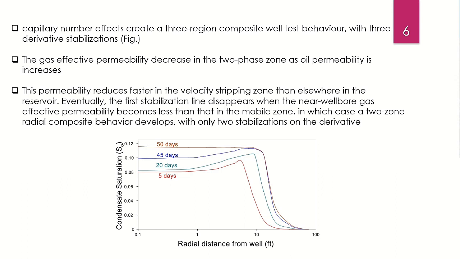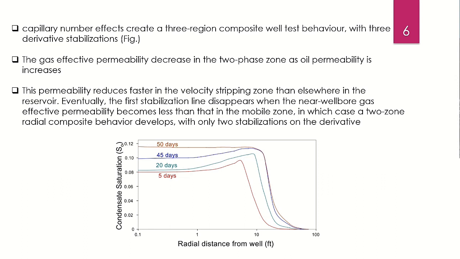From the graph, we can see that the permeability of the gas is reduced faster in the velocity stripping zone than elsewhere in the reservoir. Hence, the first stabilization line disappears when the near wellbore gas effective permeability becomes less than that in the mobile zone, in which case the two-phase radial composite behavior develops.